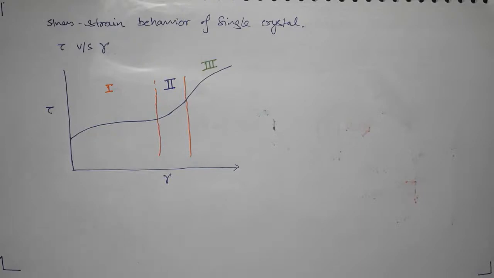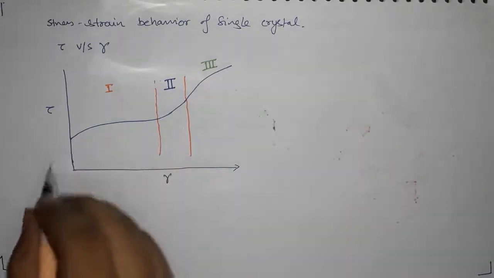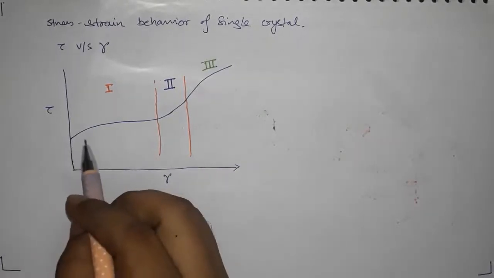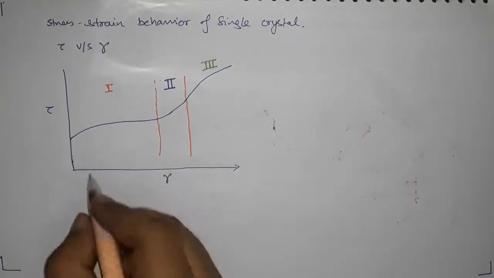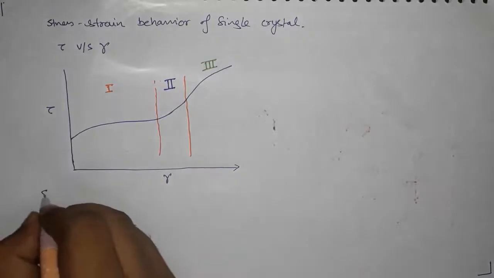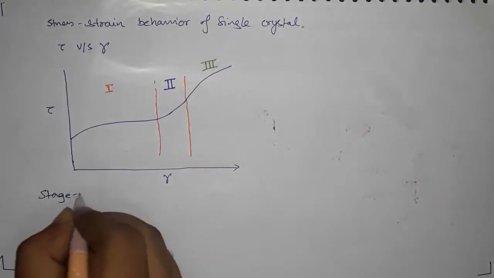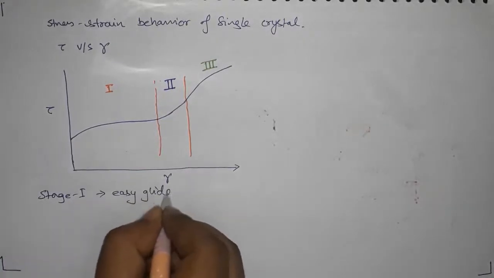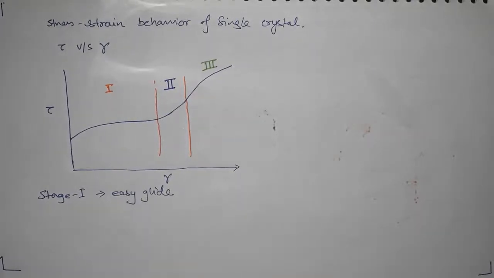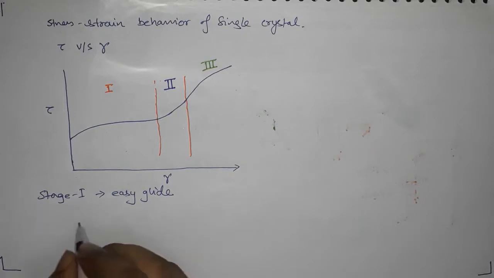And so what happens in stage 1? Why is the strain hardening very small? This stage 1 is called the region of easy glide. Okay, so here the dislocations move very easily. They don't have many barriers.